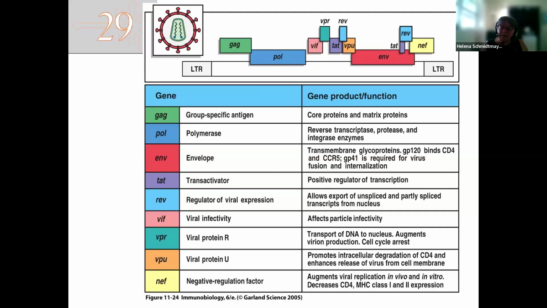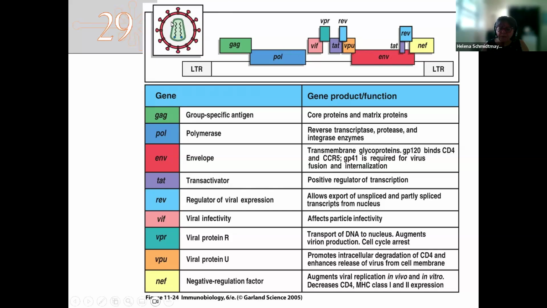The cytidine deaminase would introduce mutations into viral DNA during the reverse transcription process and therefore make the viral DNA non-functional. So what VIF does, it targets APOBEC3G for degradation.